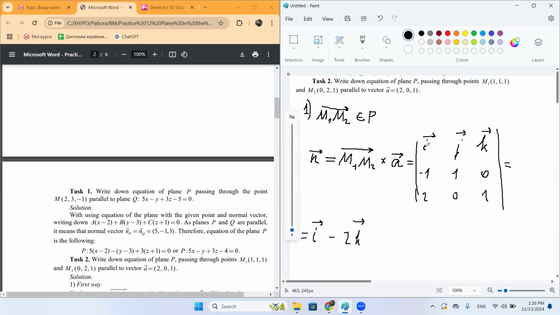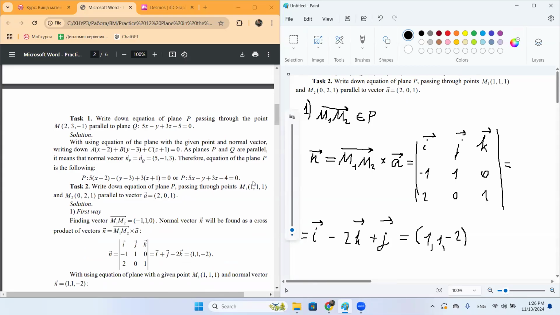For the first diagonal, correct, 0 and 0. For the secondary diagonal, minus 2k, 0, and plus j. And it has coordinates 1, 1, minus 2.